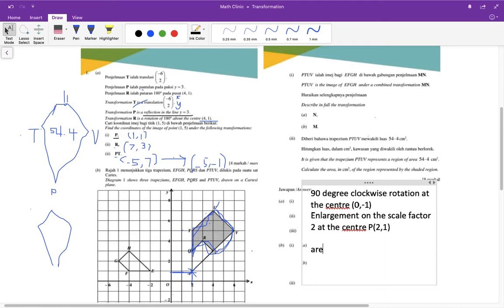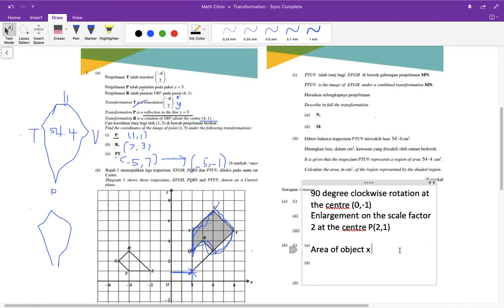Formula is area of object, just put x, multiplied by the scale factor. The scale factor, so just now I did mention, right? It's 2. So here, yeah, it's 2.